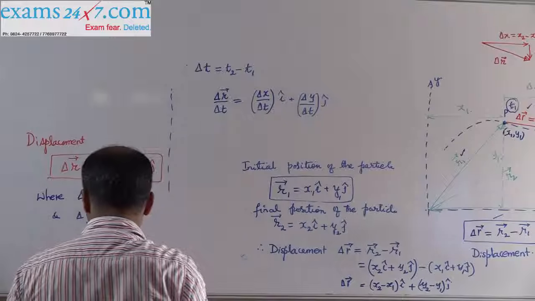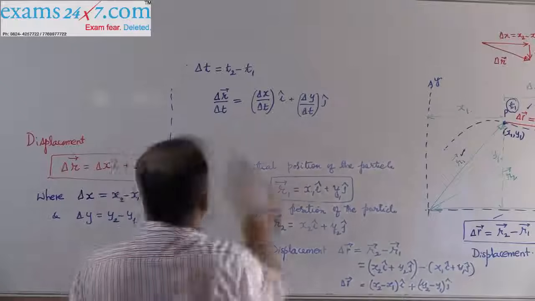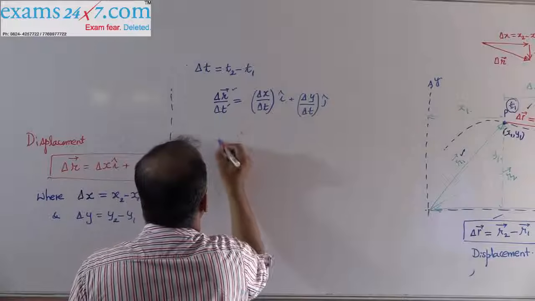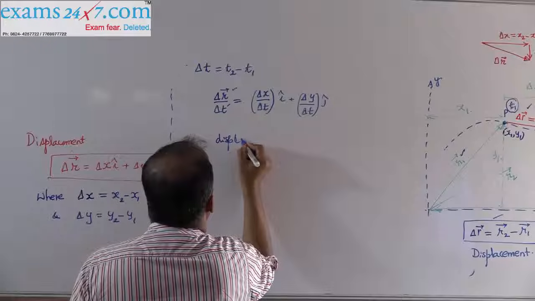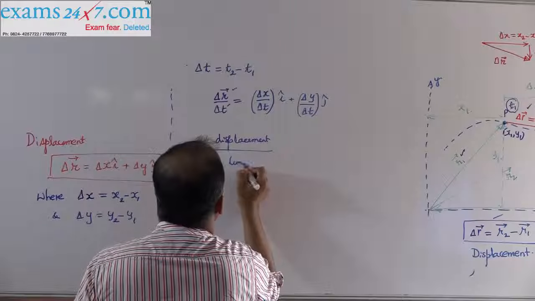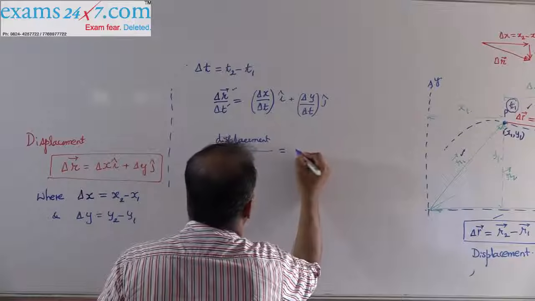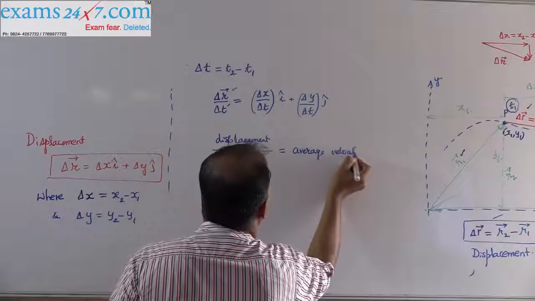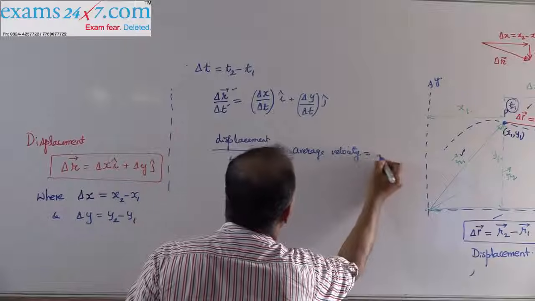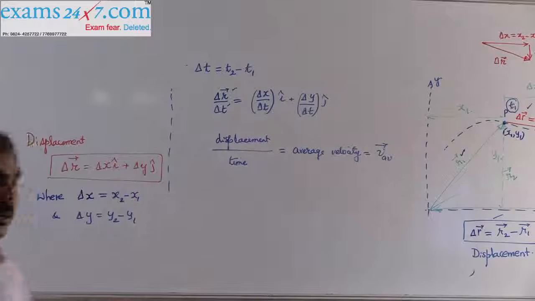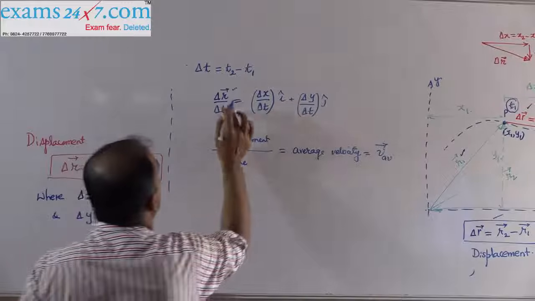So obviously the term on the left hand side is displacement by time taken. We know displacement divided by time taken is nothing but the average velocity, and let's be specific about the notation. We will write this as V average with an arrow mark.